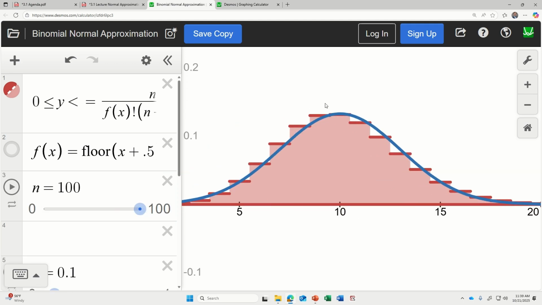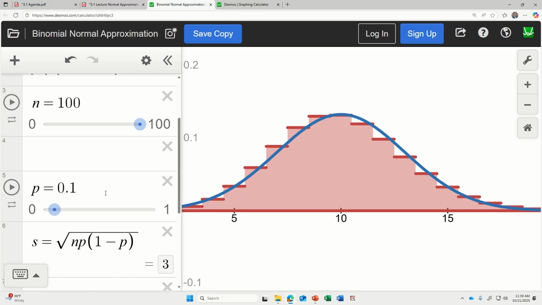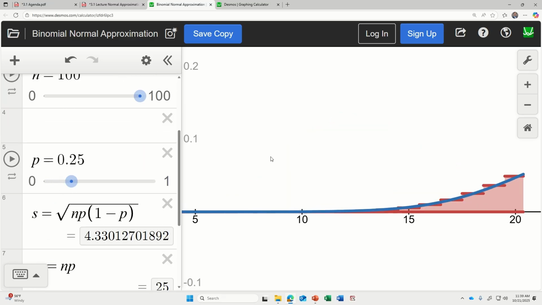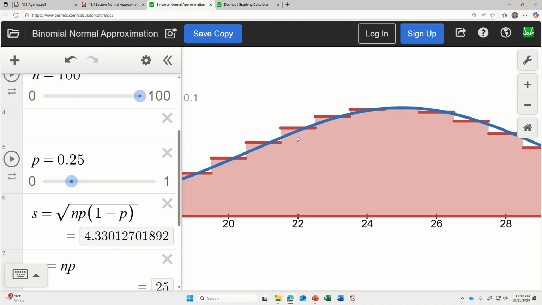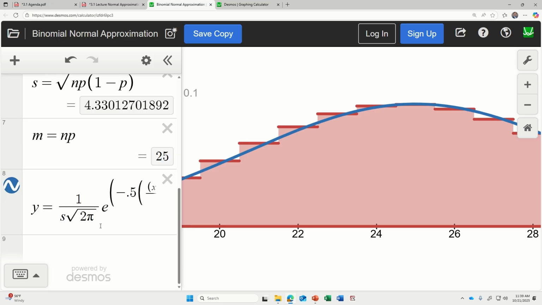Okay, so here's my picture. If I want the probability of getting exactly a 22 from the binomial distribution, then I'm talking about this rectangle here.